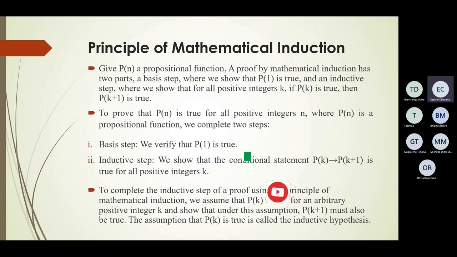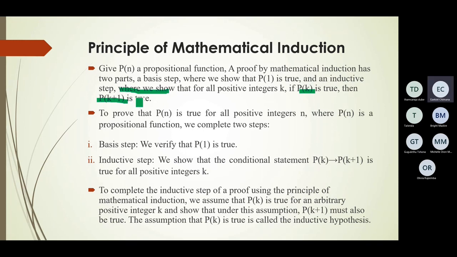So, the principle of mathematical induction. Given P of n as a propositional function, a proof by mathematical induction has two parts. A basis step where we show that P of 1 is true, and an inductive step where you show that for all positive integers k, if P of k is true, then P of k plus 1 must also be true.